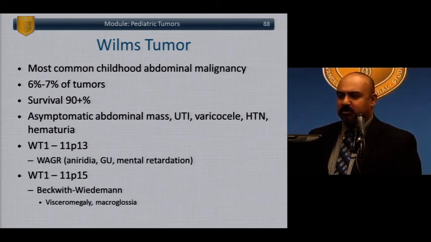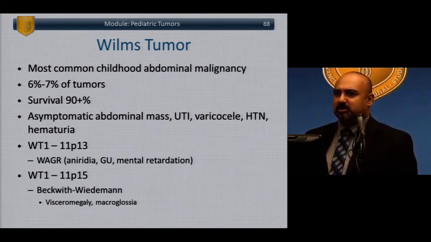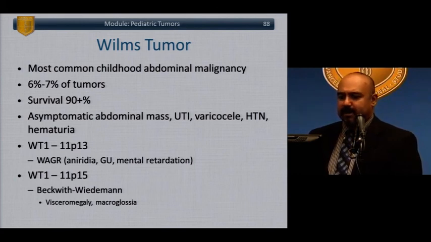Survival for Wilms tumor is greater than 90%, so it's much different than neuroblastoma. This is a very good tumor to have if you had to have one, and 90+% is in all stages too. Presentations include asymptomatic abdominal masses, UTIs, varicoceles, and hematuria. There are two genes that we look at, with the WT1 gene, you can have alterations in 11p13 and 11p15.